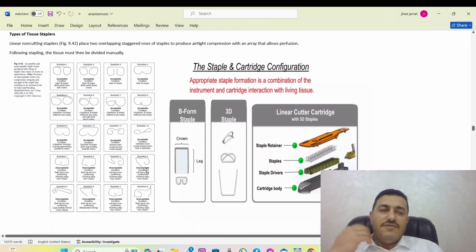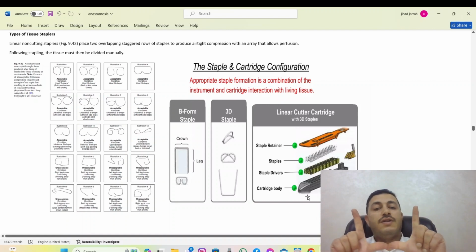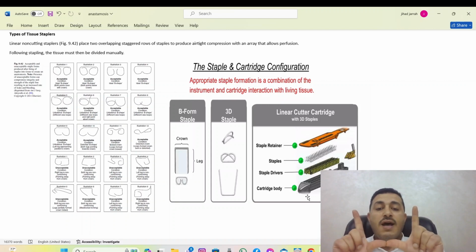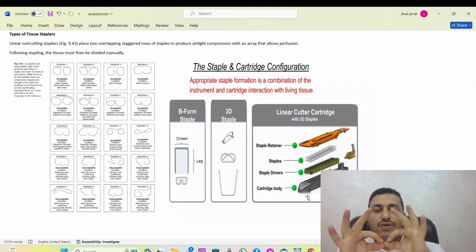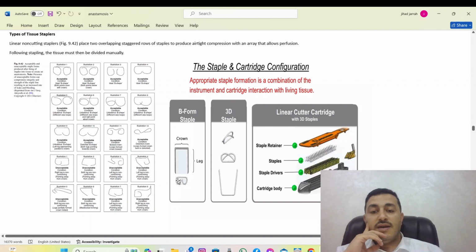Here is after firing. Here is the final shape of the staple, and you can see the anatomy here: we have the leg and the crown of the staple, or I call it the clip.